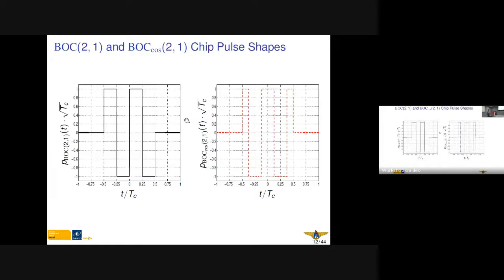If we now increase the subcarrier rate, so now we have two cycles of the binary subcarrier within the rectangular chip. Now we have two cycles here on the left hand side for the sine phased, again on the right hand side in red for the cosine phased.